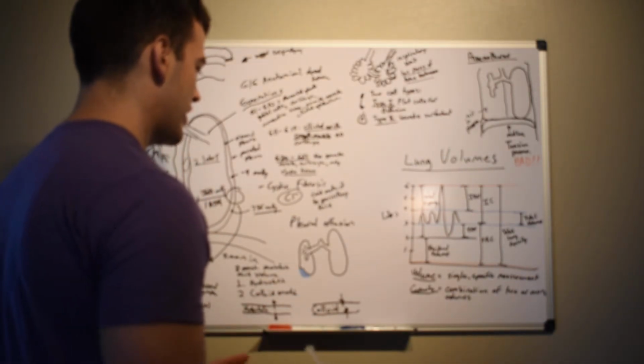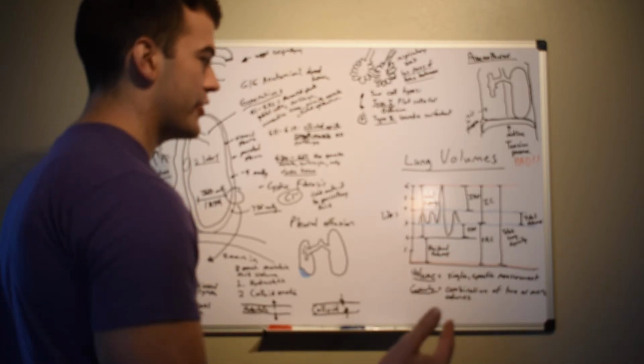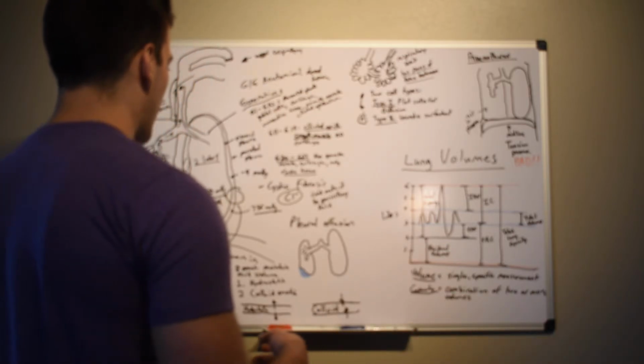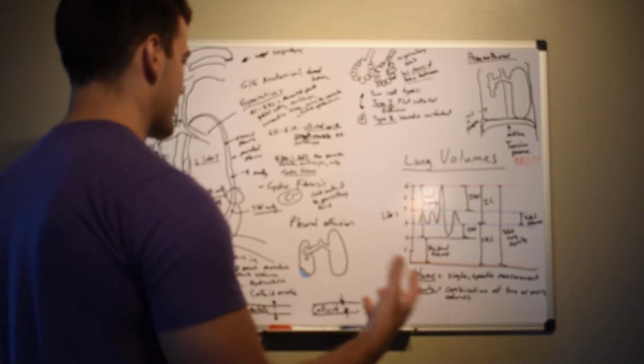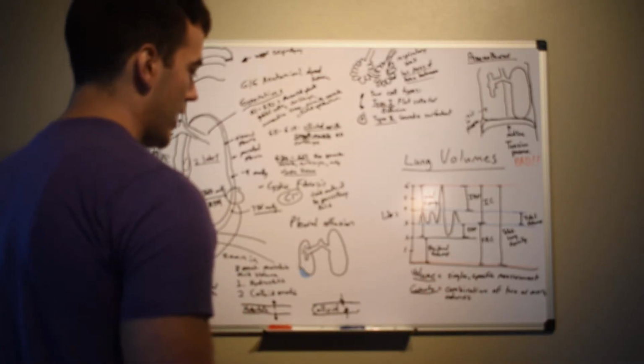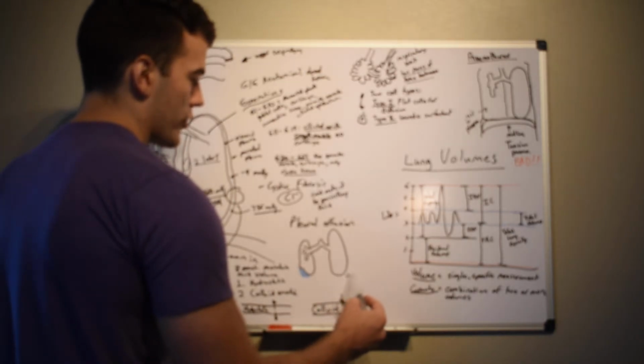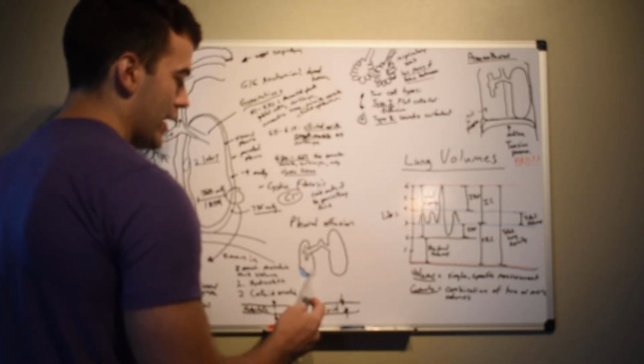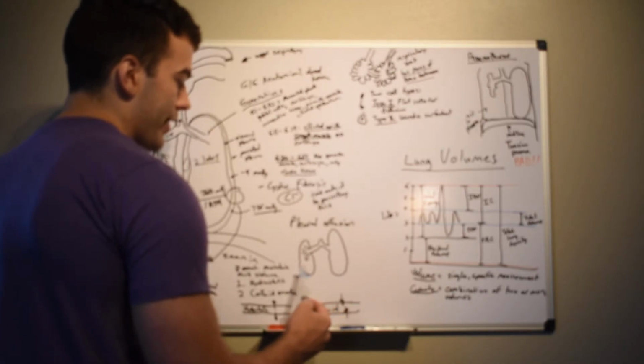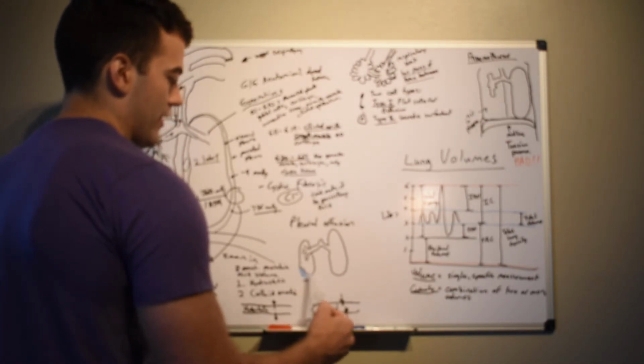But a pleural effusion is just going to be an excess accumulation of fluid in the pleural space surrounding the lungs. And most of the time it's going to manifest itself in a certain portion of the thoracic cavity, namely around the diaphragm and the lower lateral angle of the lungs.